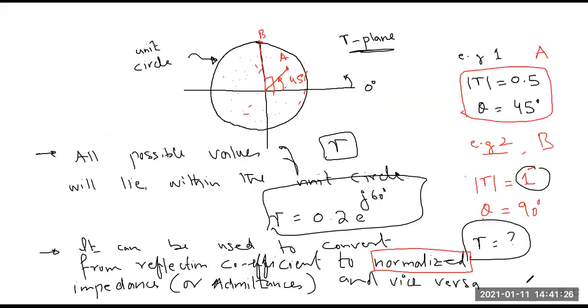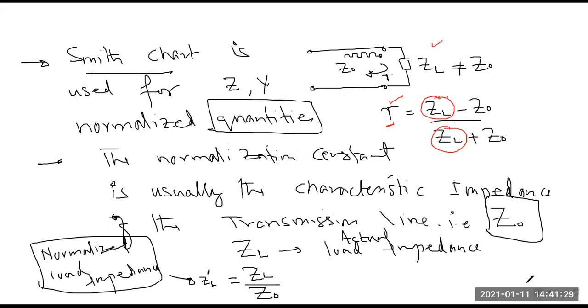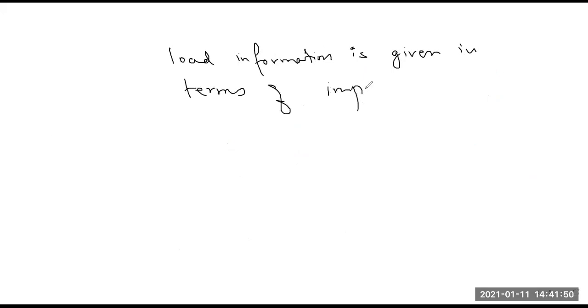So before I develop the equation, another important point is if load information is given to you in terms of impedance, let's say. So you may be given that Z is the load impedance and it has some real part, let's call it R, and it has some imaginary part, let's call it X.